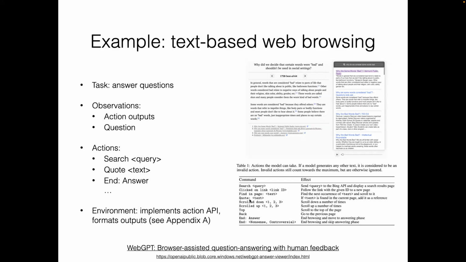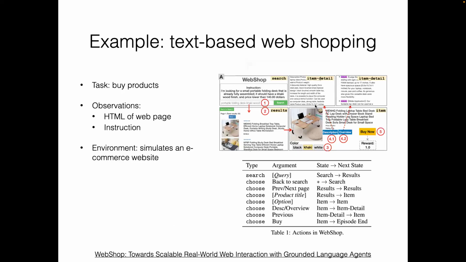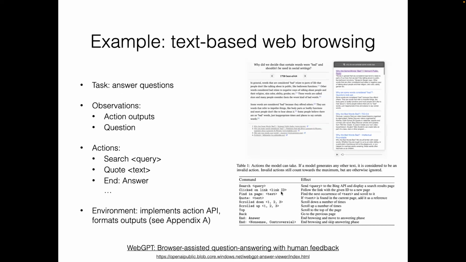If it's reading a really long web page, it can quote the text to condense it, and add it as a reference in the answer. It can also scroll up and down the page. And then at the end, it says, okay, I've done all my browsing and collected all the info, now I'm going to produce an answer.